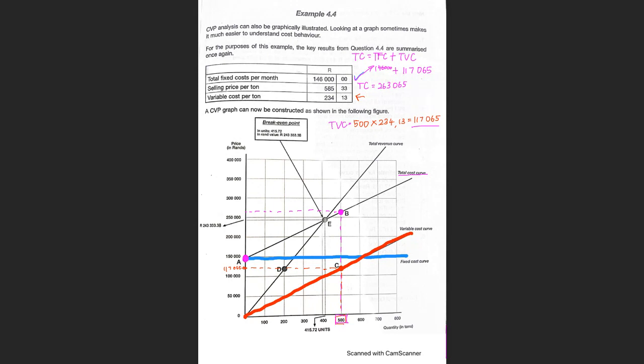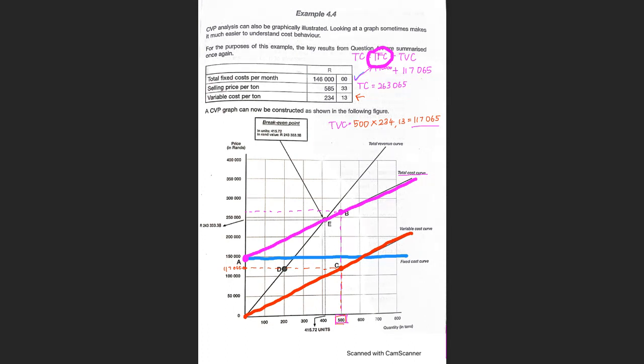Remember, your total cost is made up of the fixed cost plus the variable component. So it must start at the same level that your fixed cost curve starts at, which is the 146,000, and then it increases through point B to give you your total cost curve.